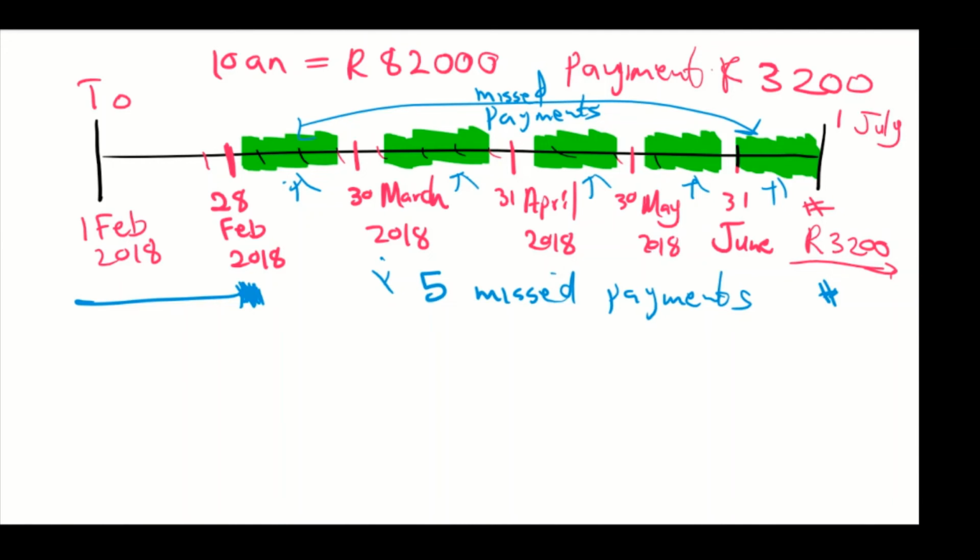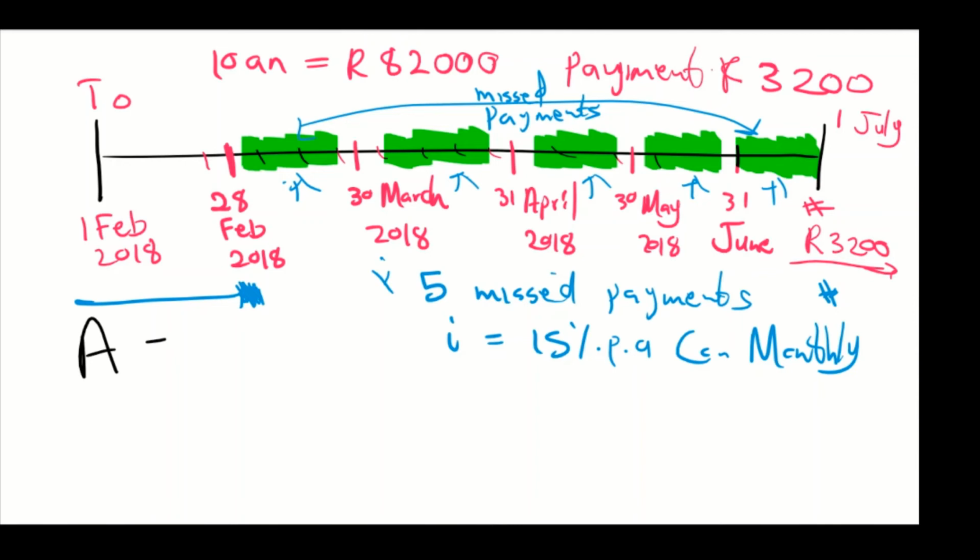So what we're going to do is, we know the interest rate is 15% per annum, compounded monthly, right? So we're going to solve this problem by using the compound formula, because we want to identify the amount that she owes since she missed 5 payments, right?